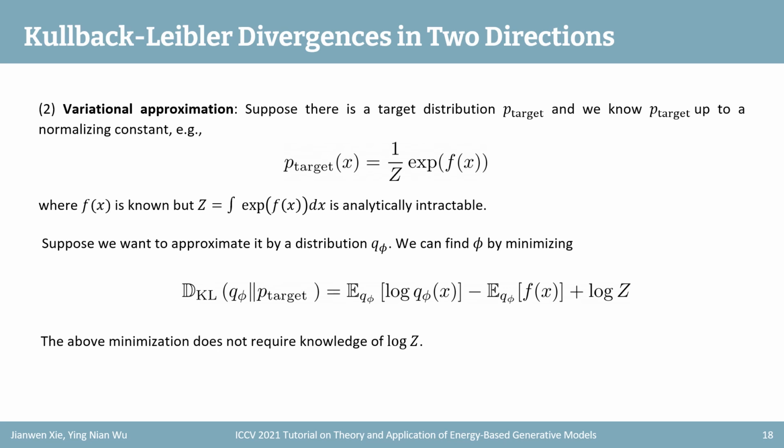Suppose we want to approximate the target distribution by a distribution Q phi, where phi is the learning parameters. We can find phi by minimizing the KL divergence between Q phi and P target. This time, we place Q phi on the left-hand side and P target on the right-hand side of the KL divergence. Because P target is accessible through f(x), the above minimization doesn't require knowledge of log Z.